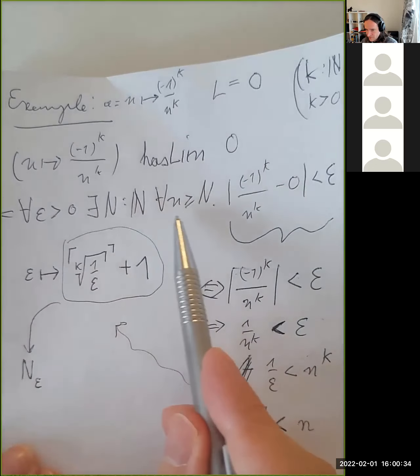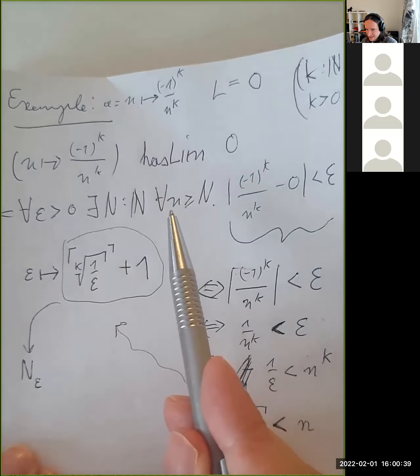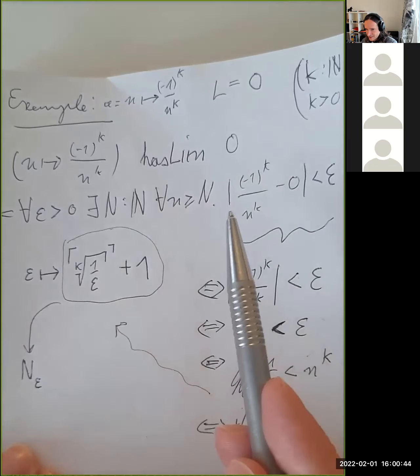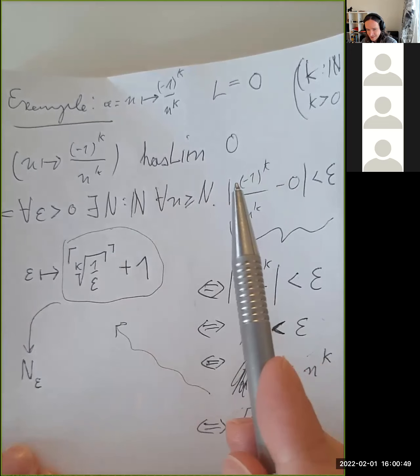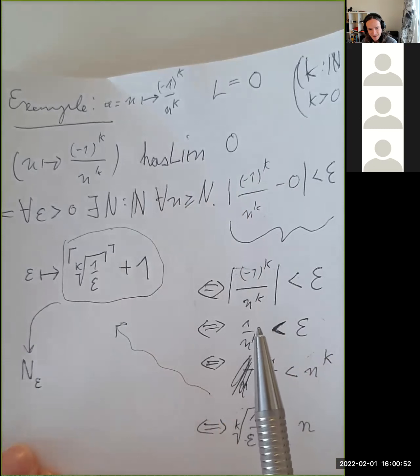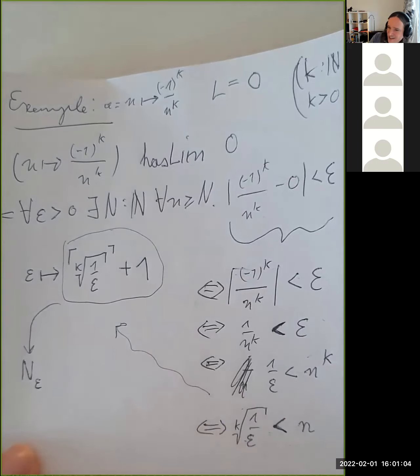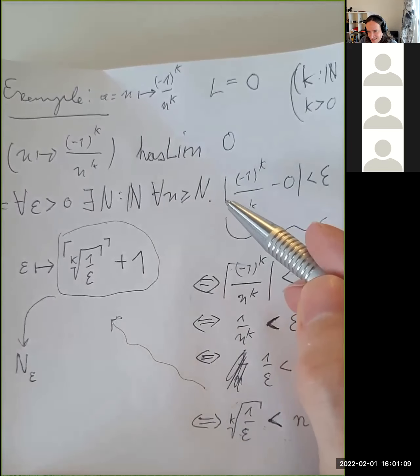And now this proposition means we have to prove that all n that are greater or equal than n epsilon satisfy this equation. But we can use, can we get an example? Because I can't think of any in my mind. Wait a minute, I just finished what I said. Interesting, maybe there is none, okay.